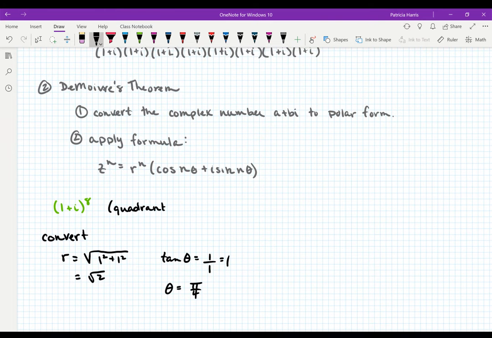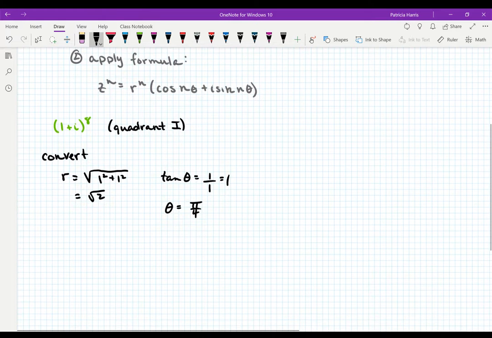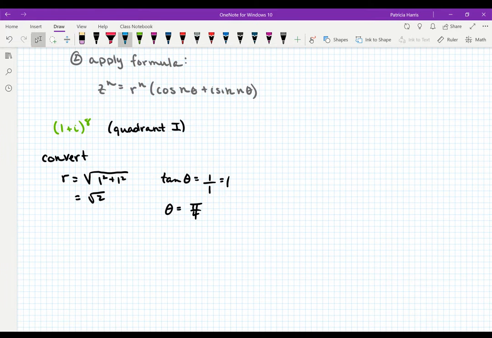Remember, you always have to ask yourself where you live. Okay, and then tangent of theta is 1, so that would happen at pi over 4. Again, I did that super fast, so if we need to review that, we can. So now I'm ready to hop into my formula.